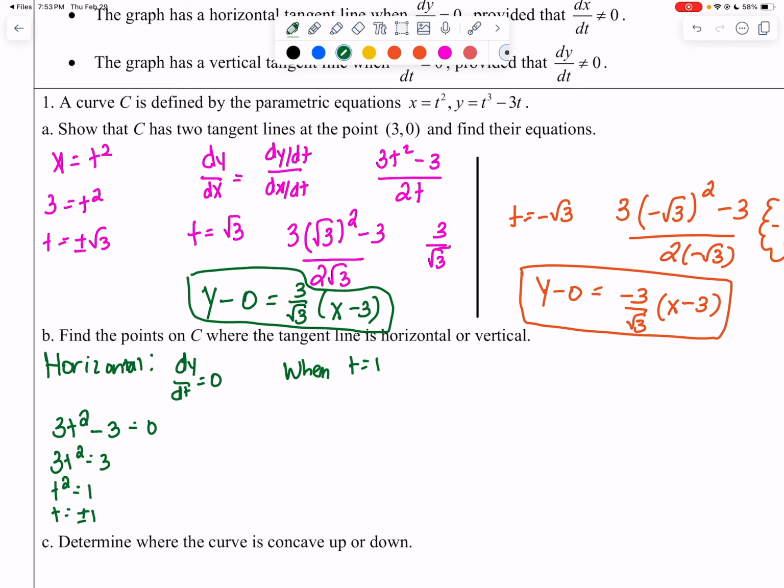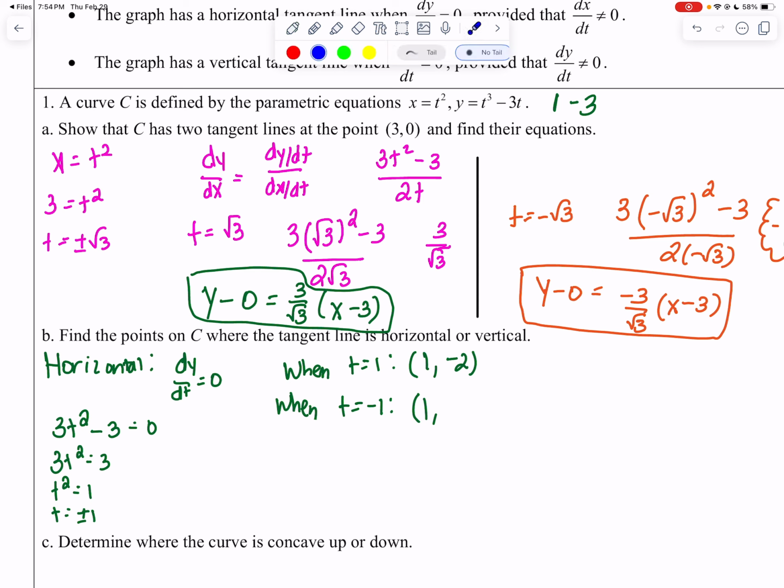So when t is equal to 1, I have 1 squared, which is just 1. If t is equal to 1 here, that's going to be 1 to the third, so 1 minus 3, or negative 2. When t is equal to negative 1, I have negative 1 squared, which is just going to be positive 1.